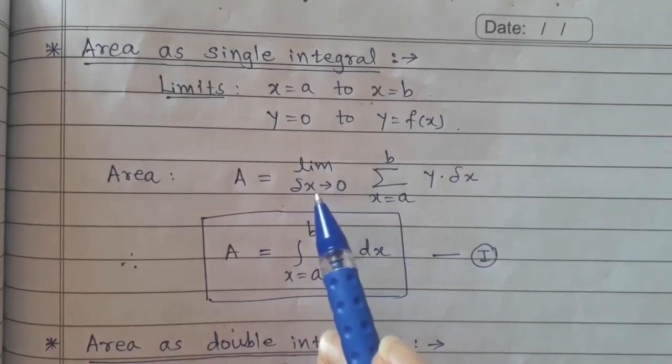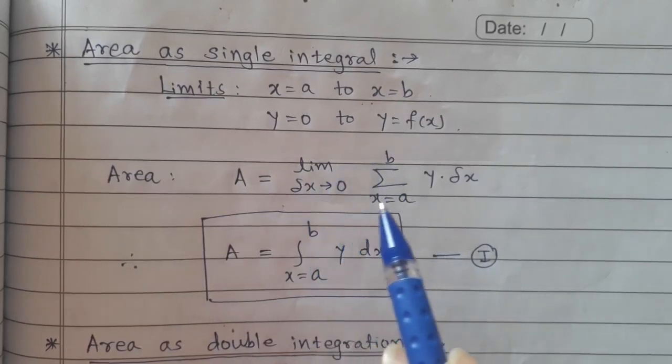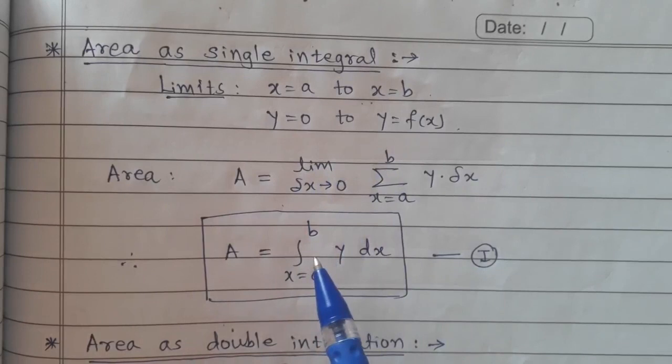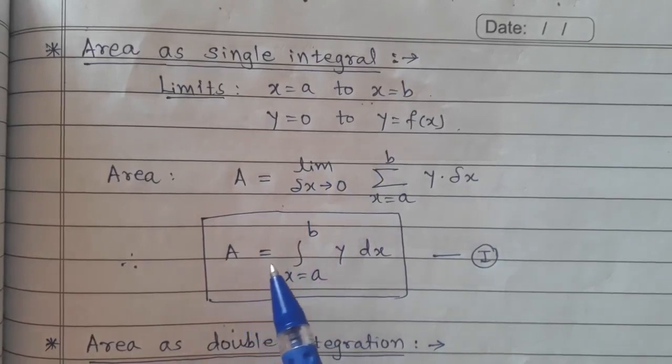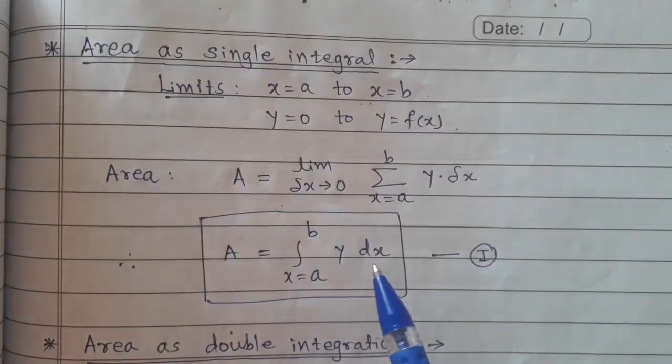But we know that the limit of an infinite summation is actually the integration, and therefore the area under the curve equals the integral of x running from a to b of y dx.